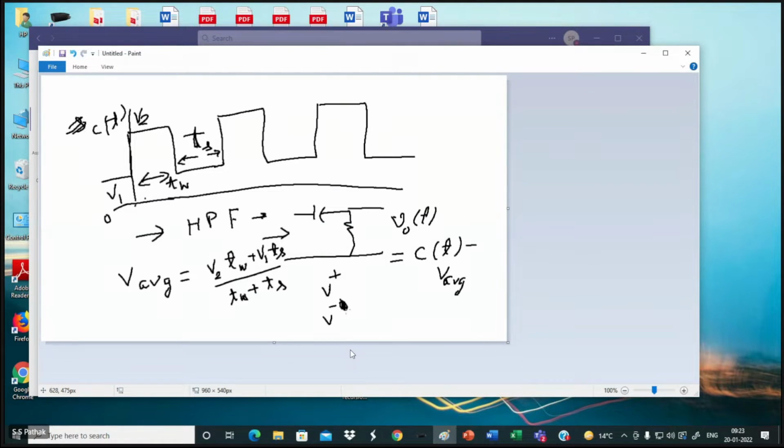So V plus will be your V2 minus V average, and this other one will be your V1 minus V average.